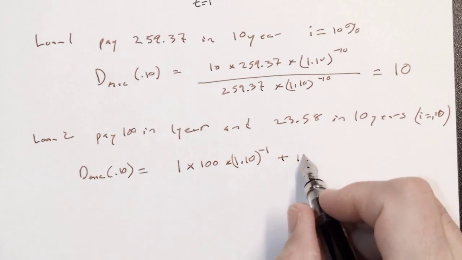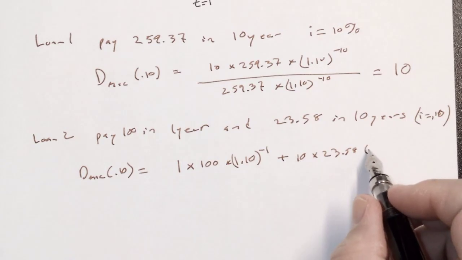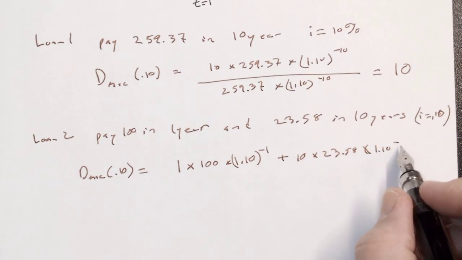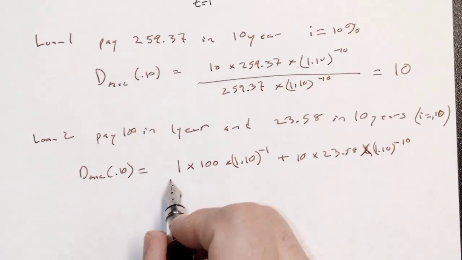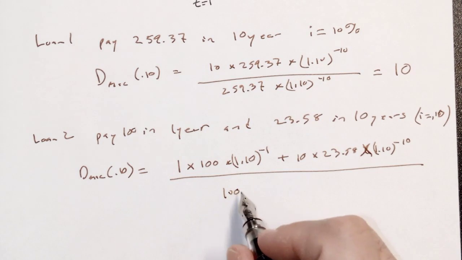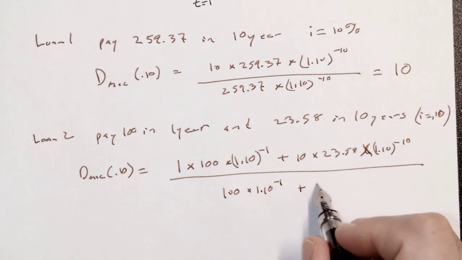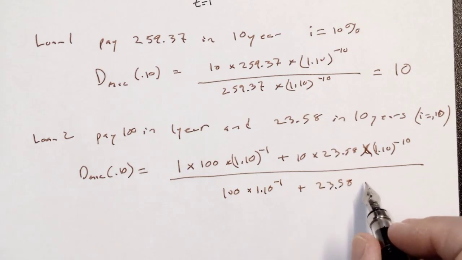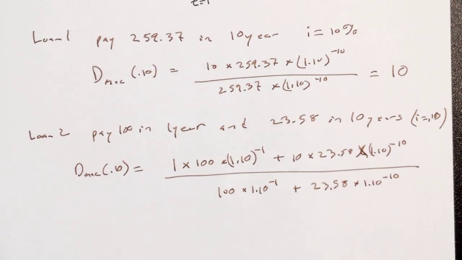My second payment is 10 times 23.58 times 1.10 to the negative 10th. That's divided by, no, times, no, divided by 100 times 1.10 to the negative 1 plus 23.58 times 1.10 to the negative 10. This time I need to do the math. What do we get?